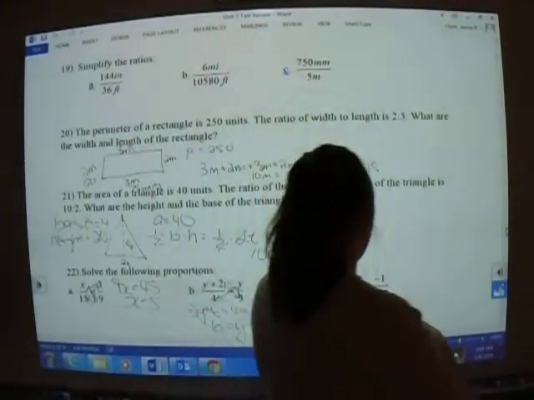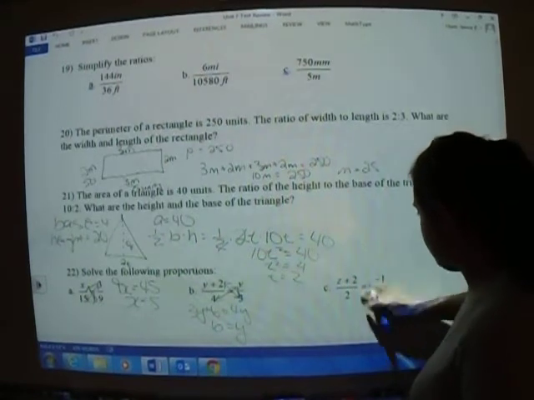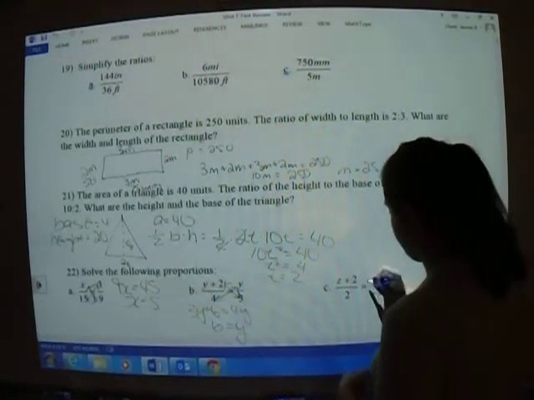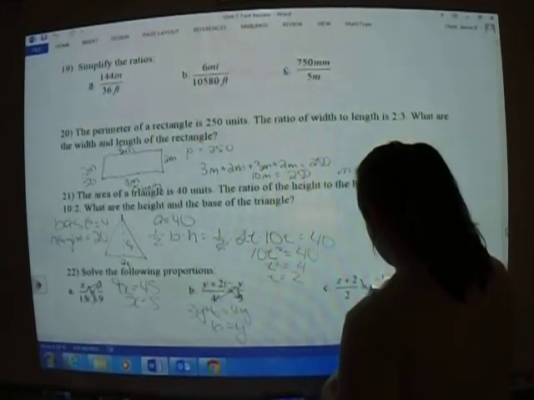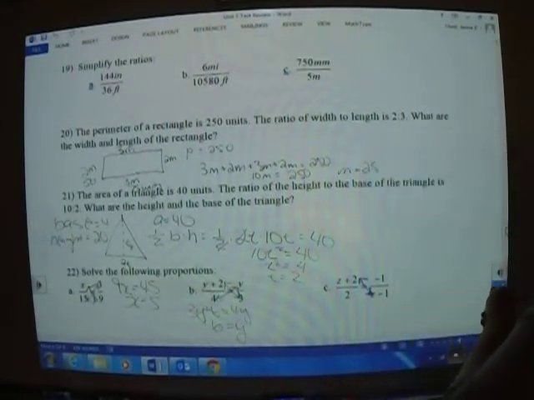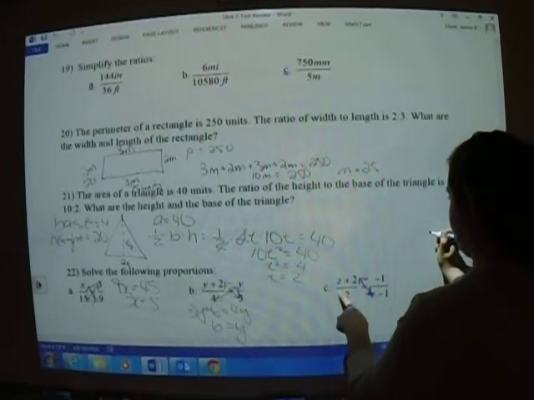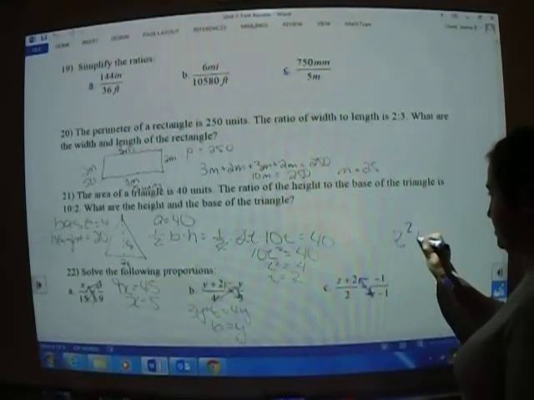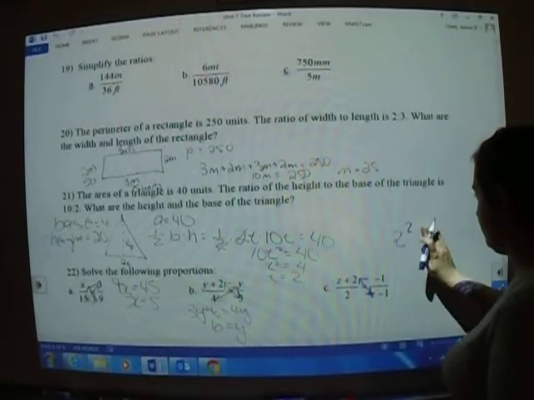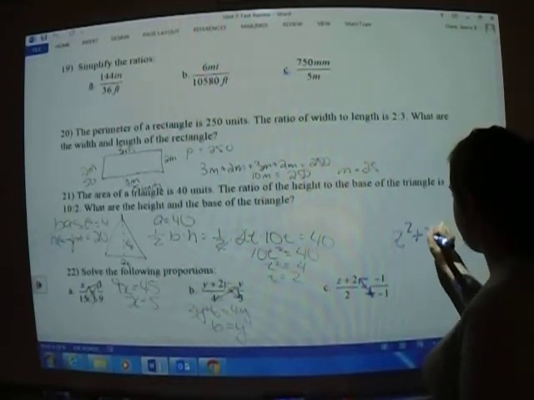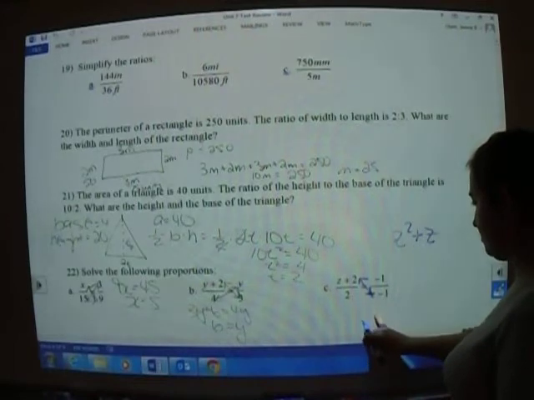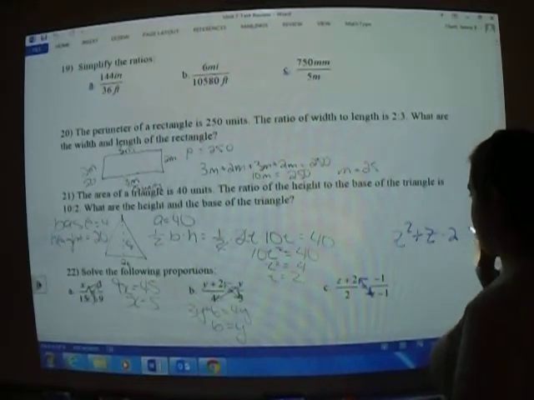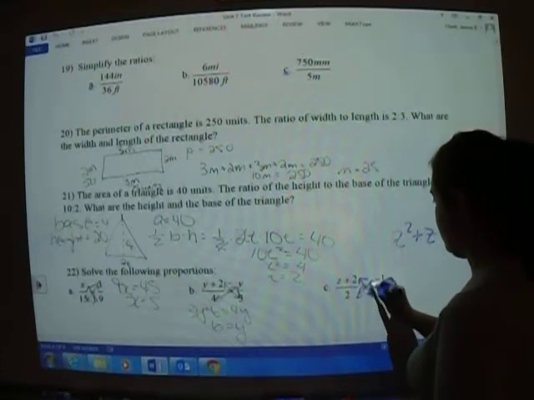Over on this side, let's try this marker. Okay. On this side we're cross multiplying, so let's see. We have z squared plus z plus z, right? Z squared plus z minus 2 equals -2.